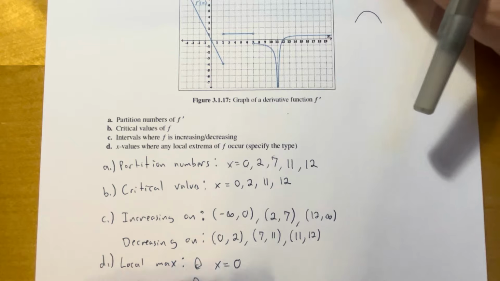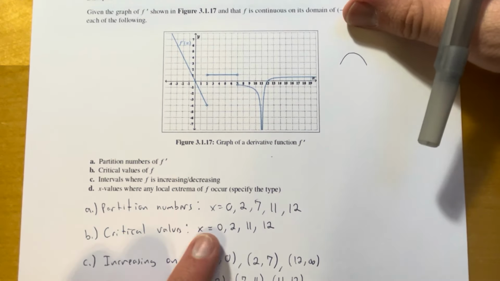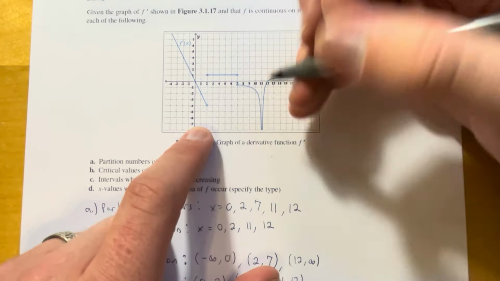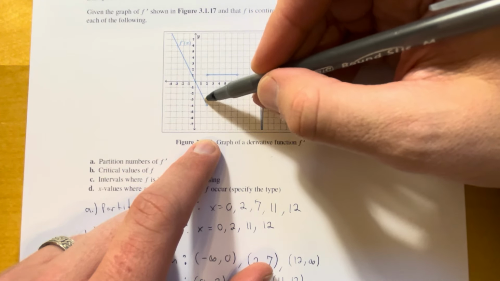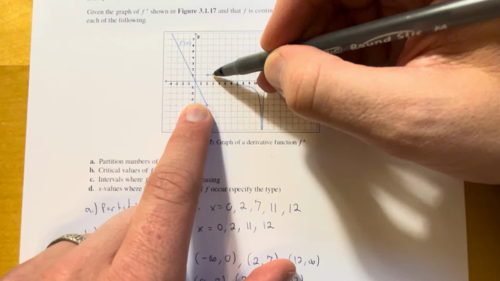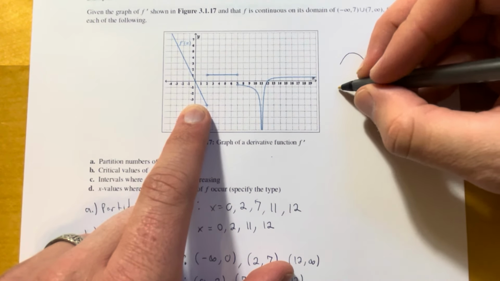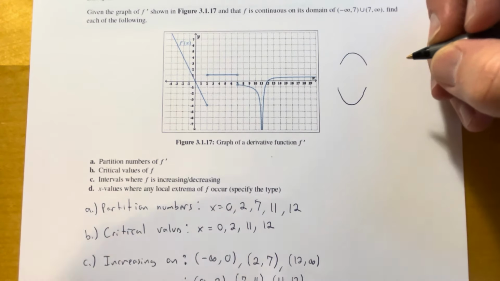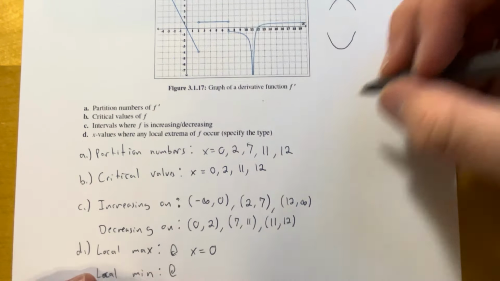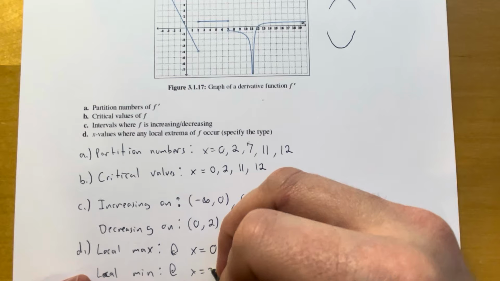Sorry, it's down here. So at x equals 2, we have our graph where it's negative, but then it switches to being positive once I pass through x equals 2. So negative means decreasing, positive derivative means increasing function. So we have a local minimum at x equals 2.